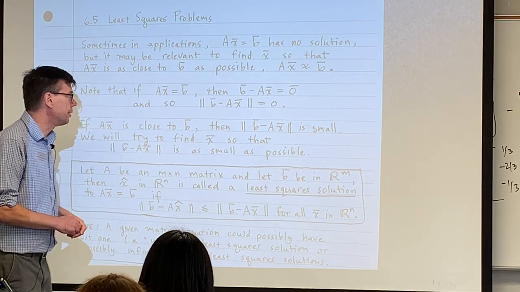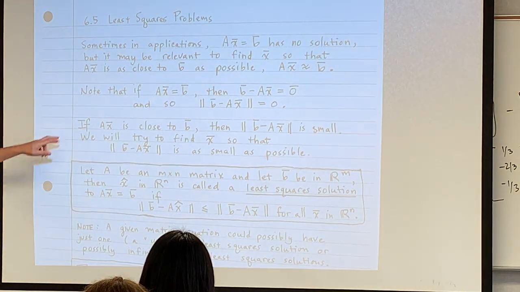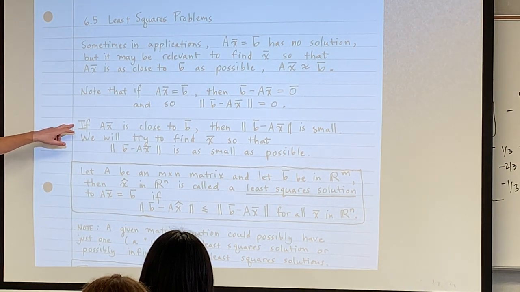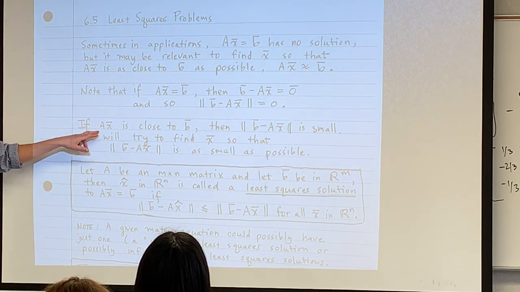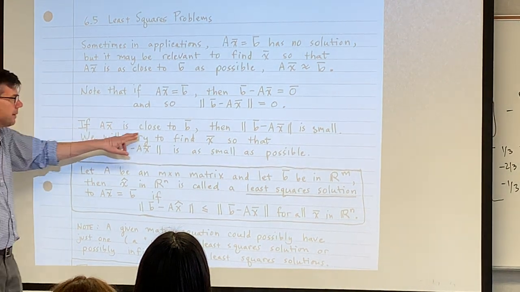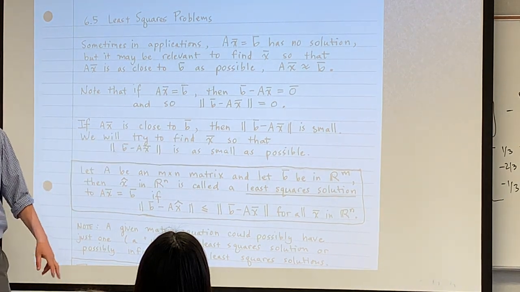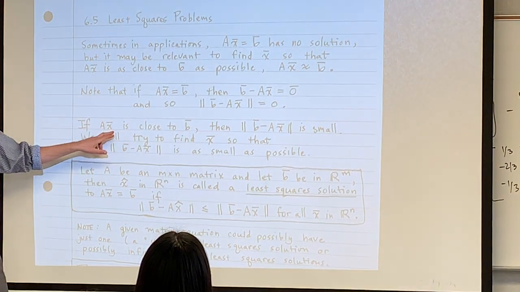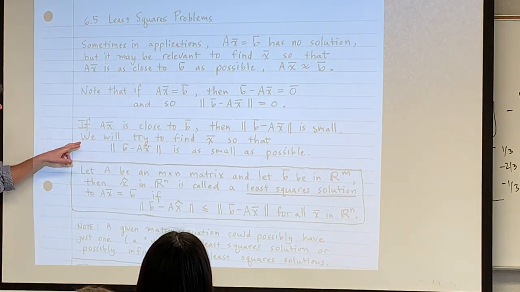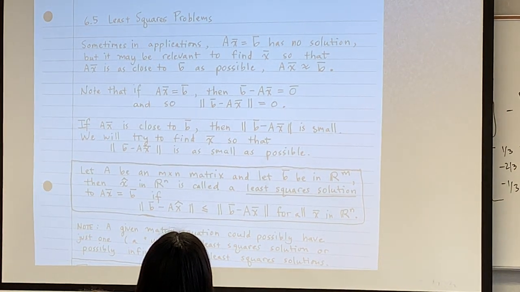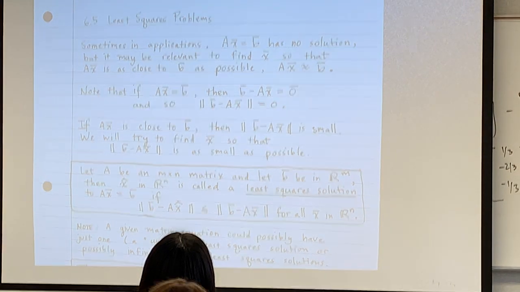The length of that vector is 0. Now, if AX is close to B, we're going to build off this idea of length. So suppose AX is not equal to B, but just close to B for some vector x. Then the length of B minus AX is small. So we're going to try to find x so that B minus AX is as small as possible.